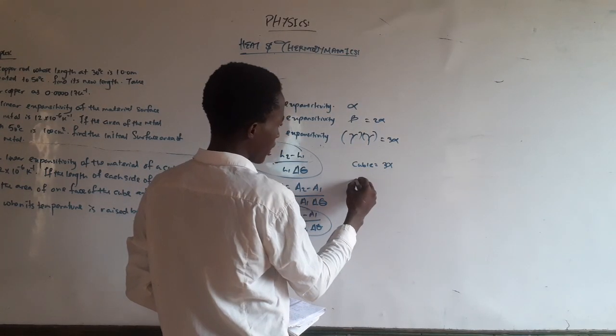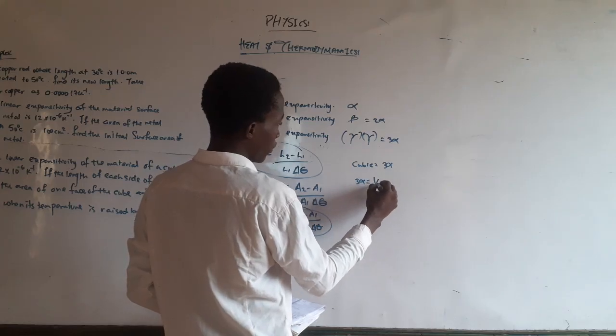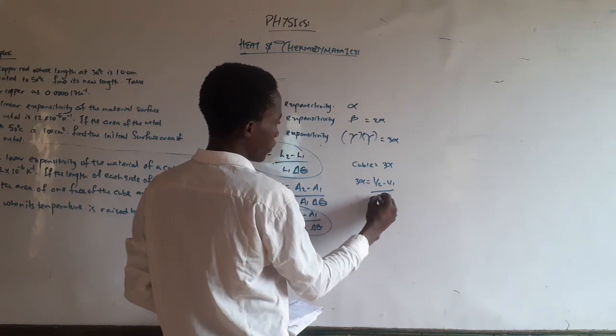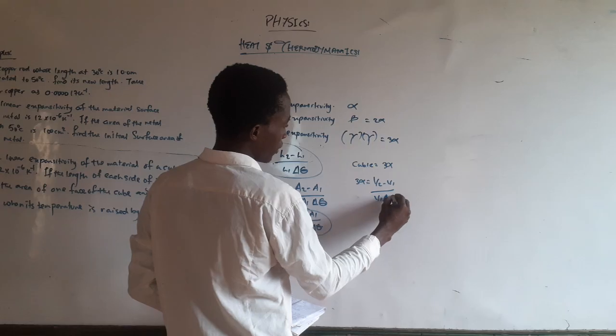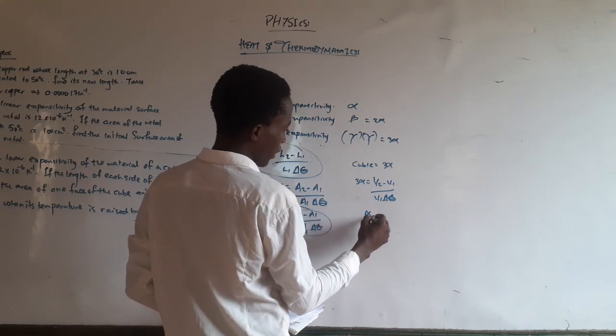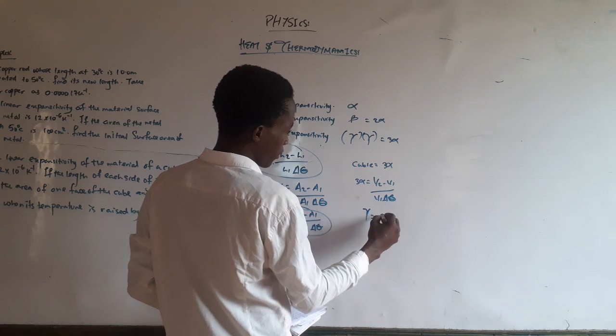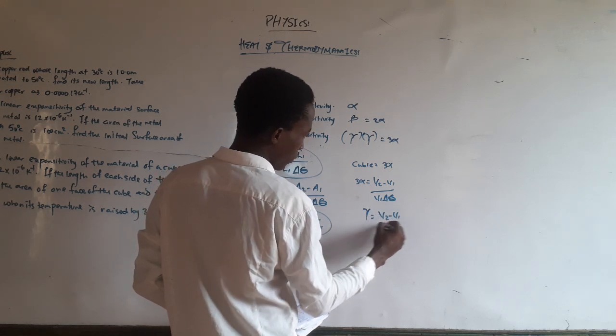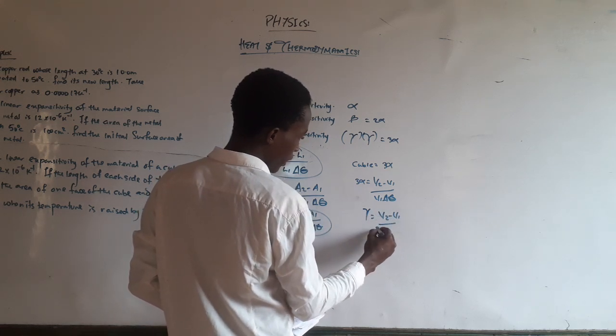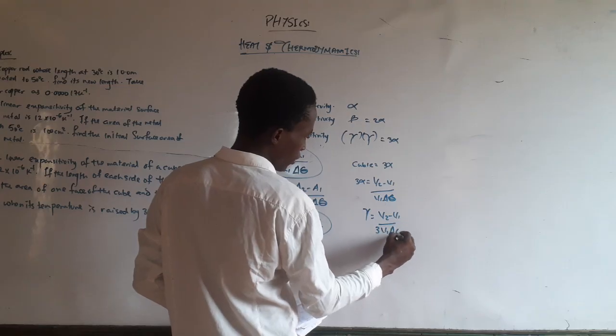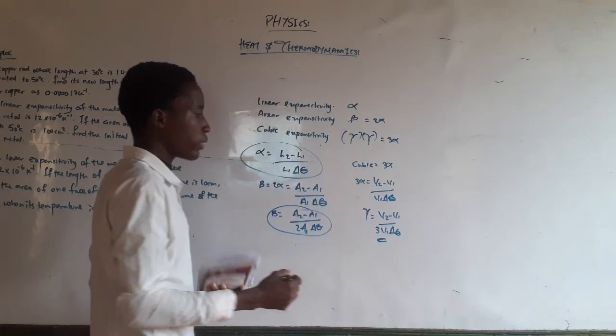So gamma equals V2 minus V1 over 3 V1 change in theta. You should just know this. Just have this in mind.